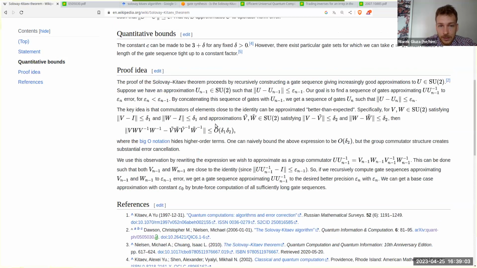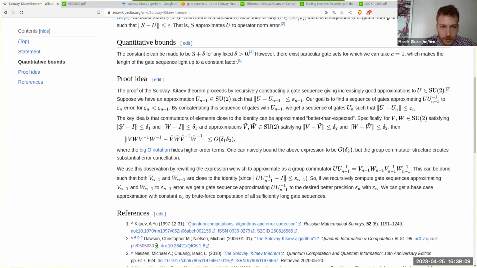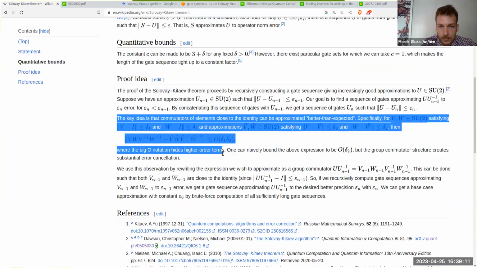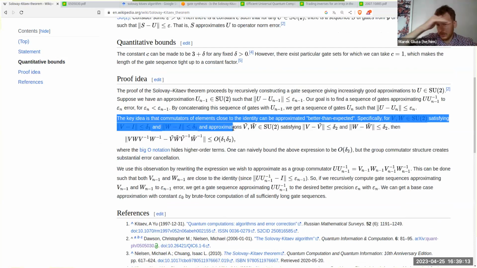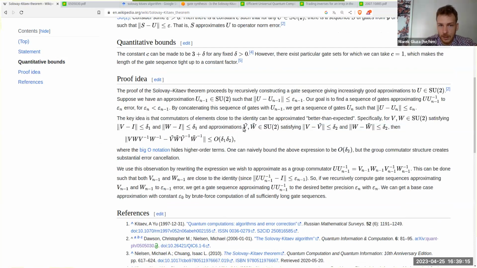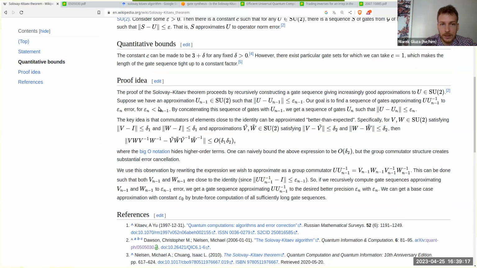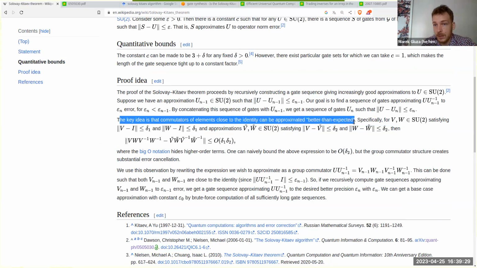Because of this O of delta, as we were seeing, it's collapsing very fast. And then basically epsilon n is sort of epsilon n minus 1 squared, stuff like that. Okay. So the idea is that commutators of elements close to the identity approximate better than expected.